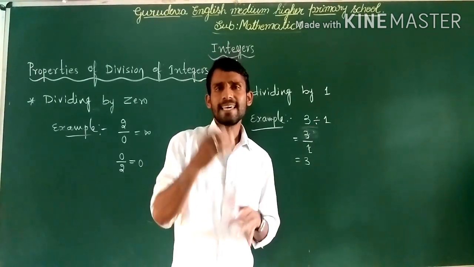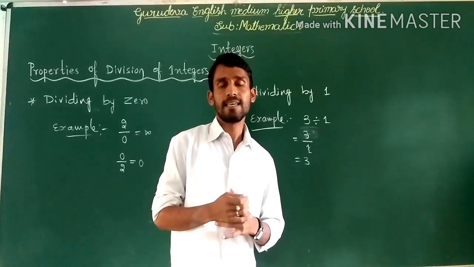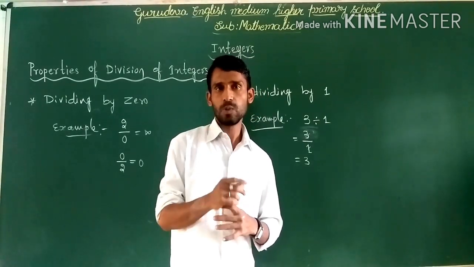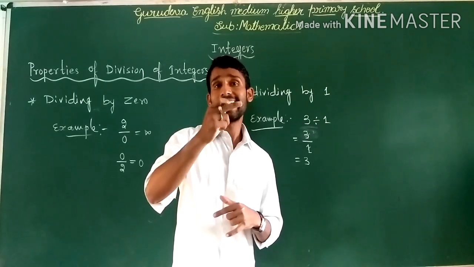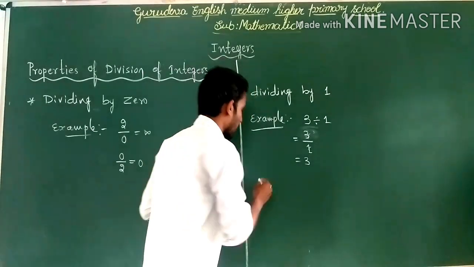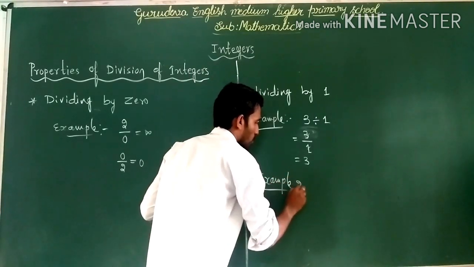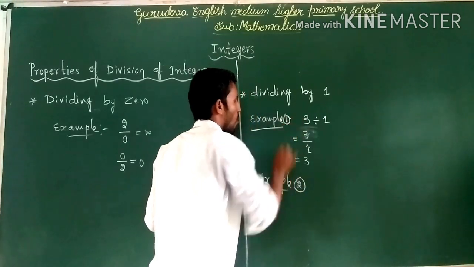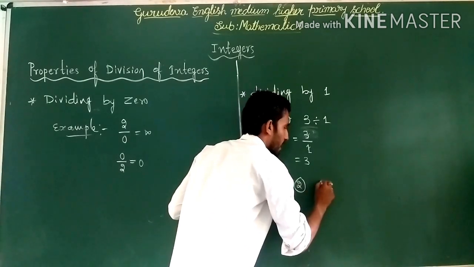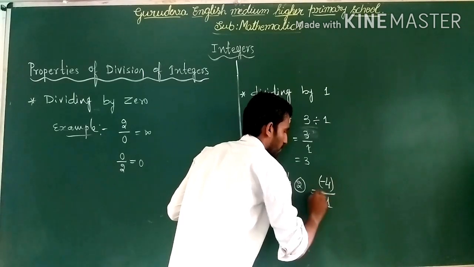Let us see what we get if we take a negative integer. I am dividing a negative integer by 1. Let us see another example, example 2. I am dividing minus 4 by 1.